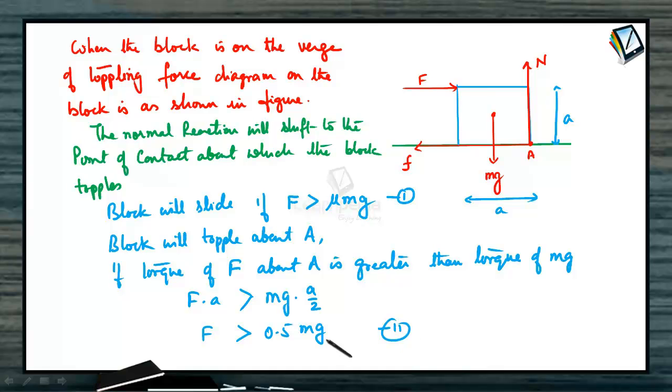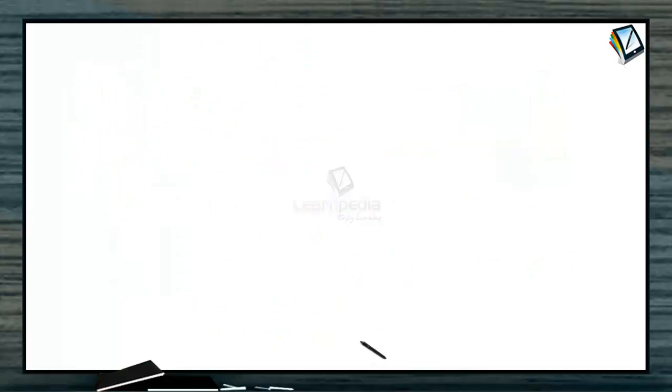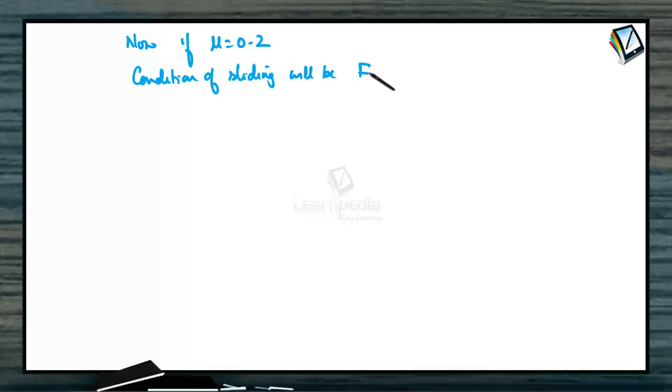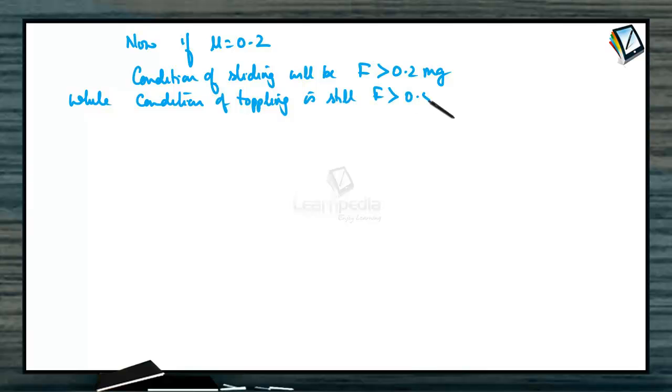Now here it is given the mu value as 0.2 in the second question, and in the third question the value of mu is given as 0.6. Let us estimate with the two values. If mu is equal to 0.2, the condition of sliding will be capital F greater than 0.2 times mg, while the condition of toppling is still F greater than 0.5 mg.